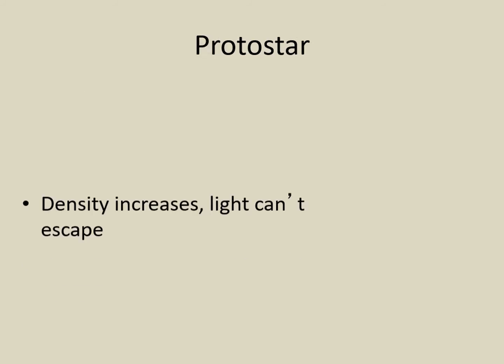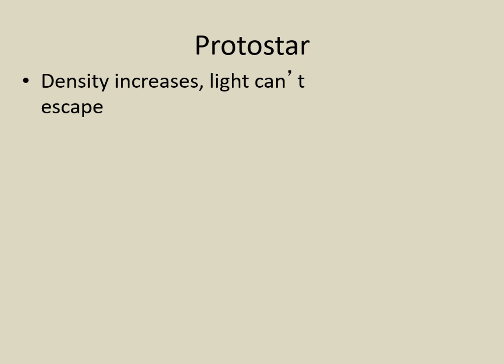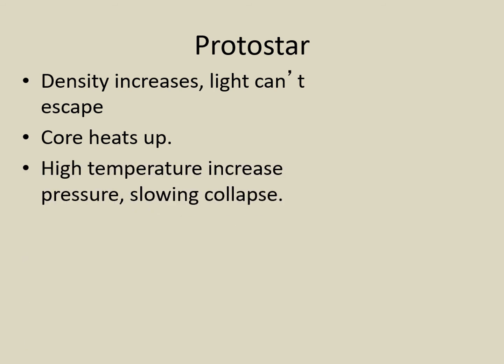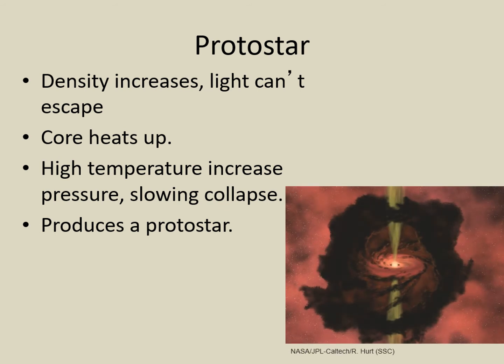As the collapse continues, the density of the cloud core keeps going up until light can no longer escape from it. When this happens, the temperature in the core goes up rapidly, since it can't cool off very easily. This makes the pressure build up as well, and the collapse slows down from free fall to a gentle contraction. This is what we call a protostar.